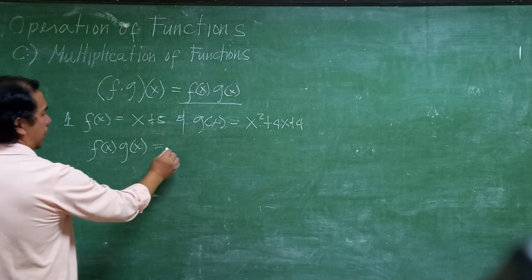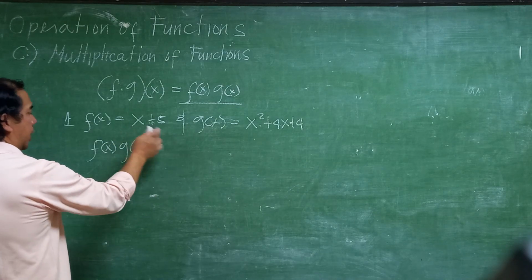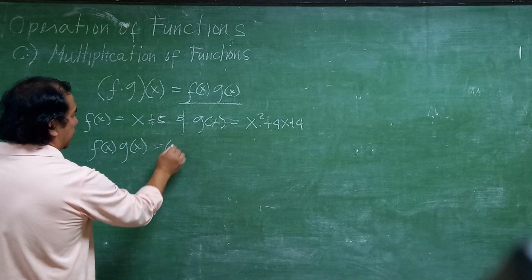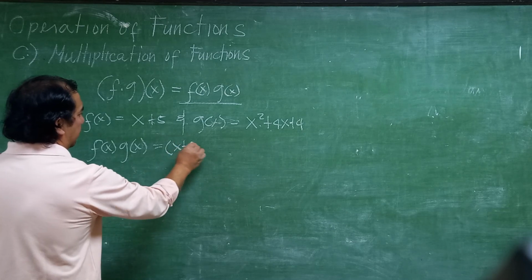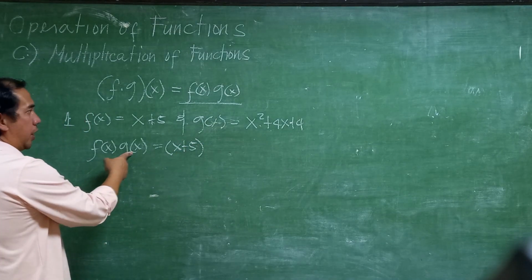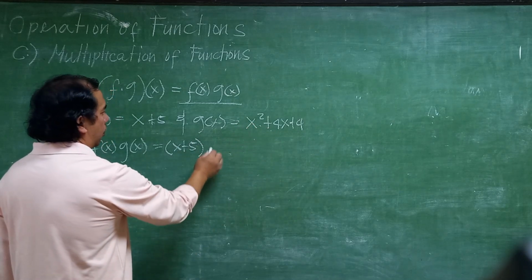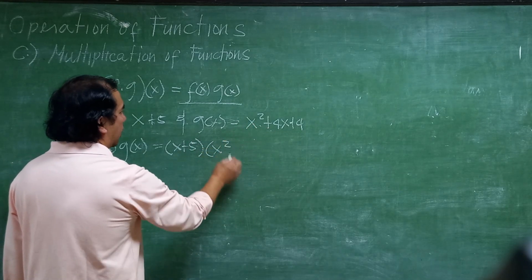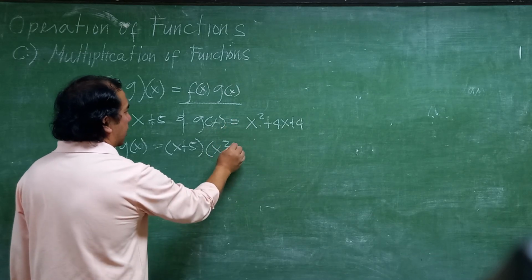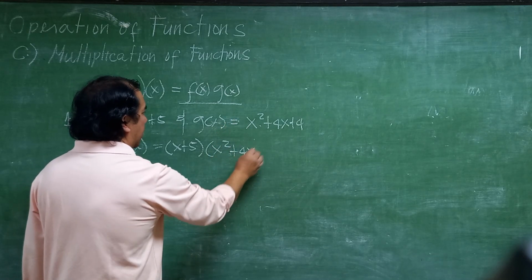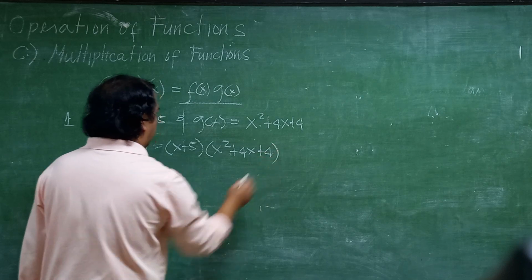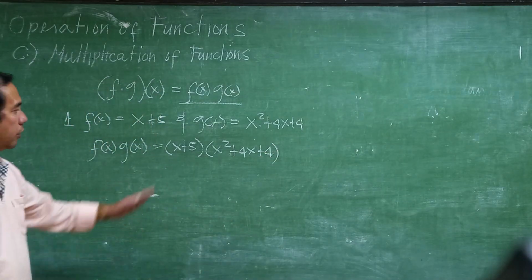That is the same as saying f of x is defined by x plus 5, which is the quantity x plus 5, multiplied by g of x, that is x raised to 2 plus 4x plus 4. Okay, in here we will distribute.